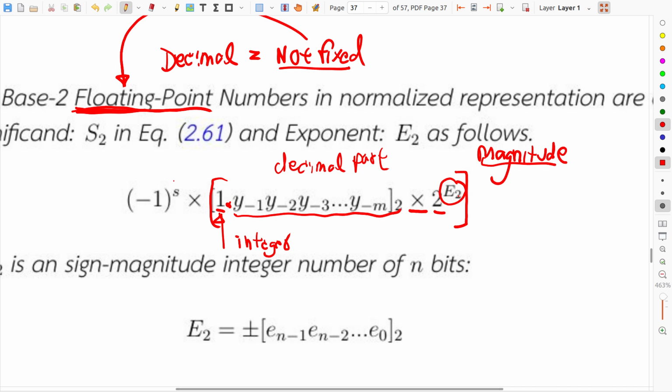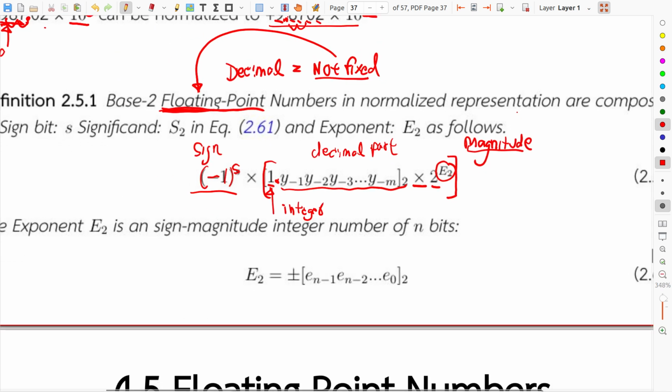The sign part is up here, just like the fixed point. Minus 1 to the s represents the sign part. And the exponent part is sign magnitude as well.